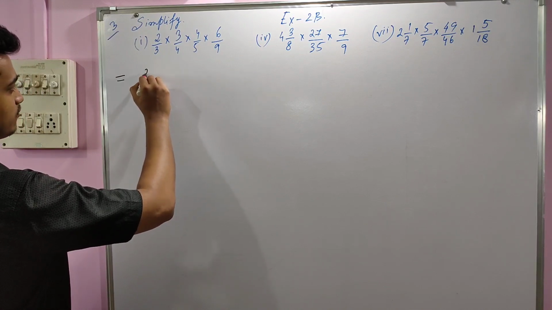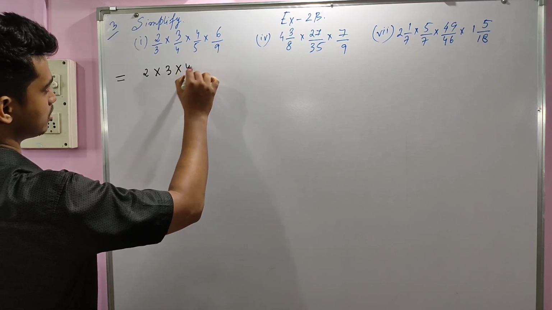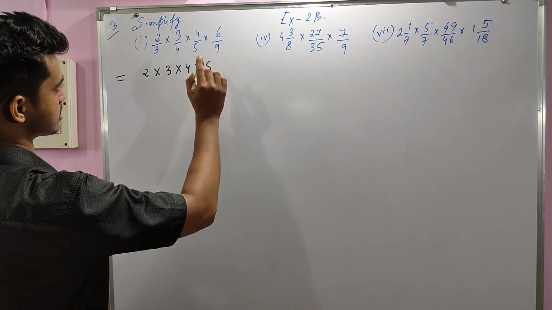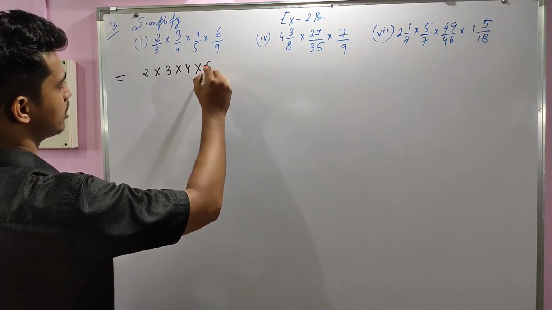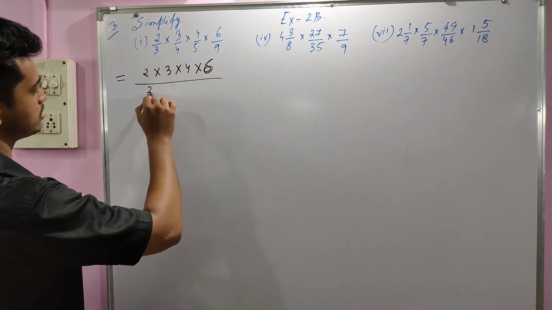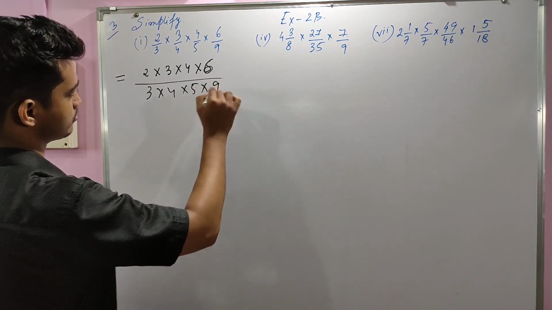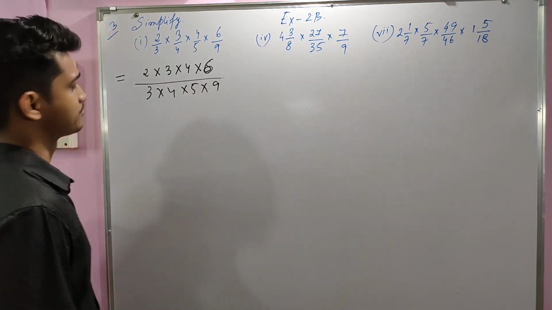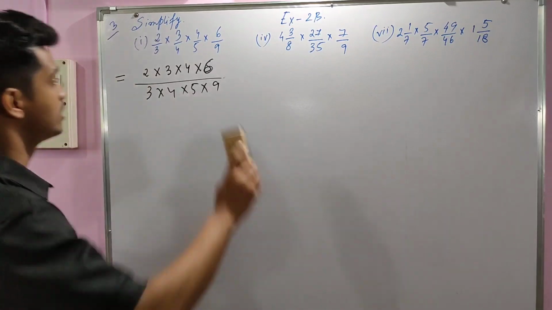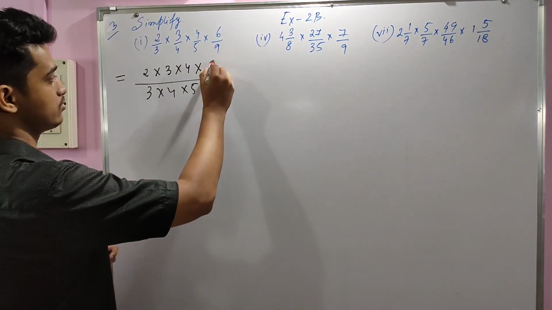So now what is our task? First of all, we just convert this number, yes, 2 into 3 into 4 into 6, right? Whole divided by 3 into 4 into 5 into 9, right? Now see, I just write this 6 once again.